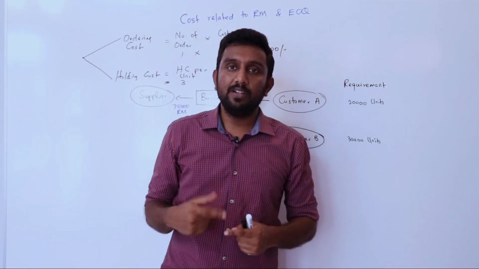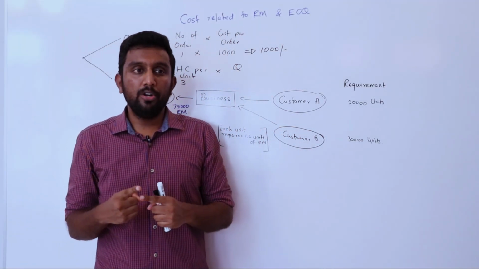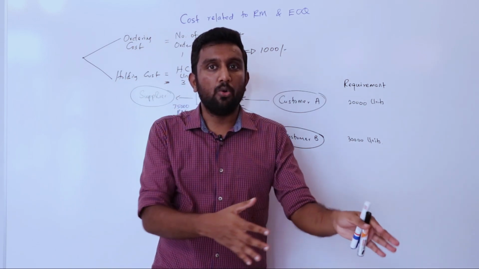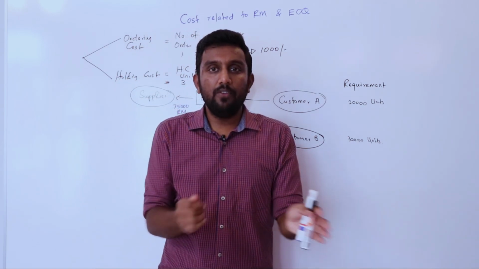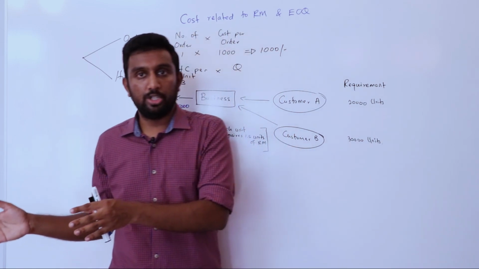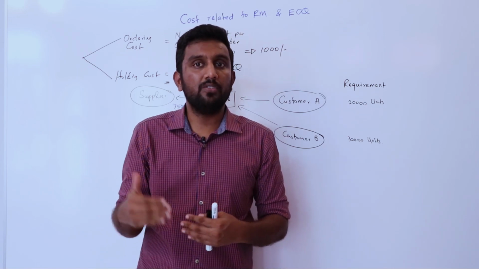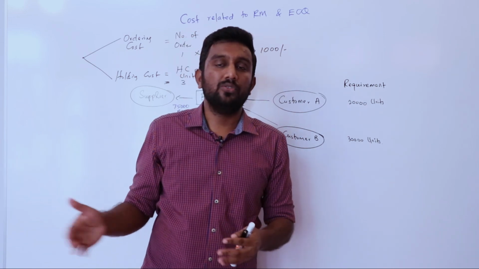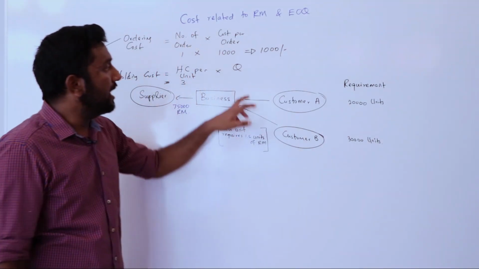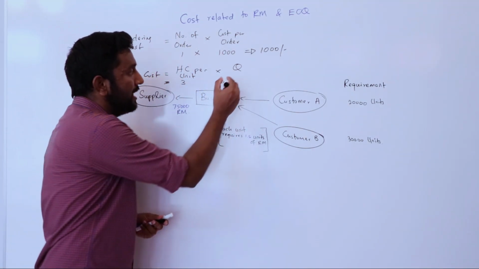When we receive 75,000 units on the first day, what are we going to do? We're going to store that entire quantity in our warehouse, and the next day we're going to transfer, let's say, 3,000 units to production. The next day again 3,000, then 3 days after we may transfer again 6,000 or something like that. Therefore, we are taking an average. It means this Q will be divided by 2.